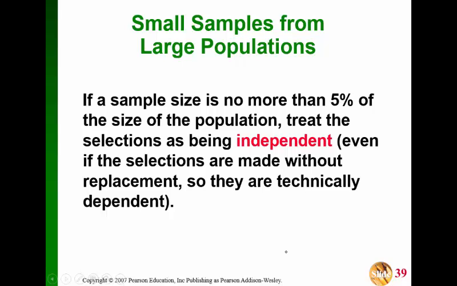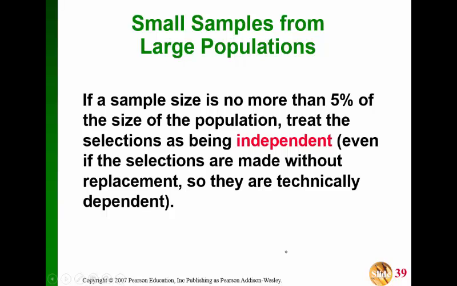So this is talking about the sample size as compared to the whole population. If you have a really large population and your sample size is really small, then picking out of those things would be just the same as pretending that it's being replaced.